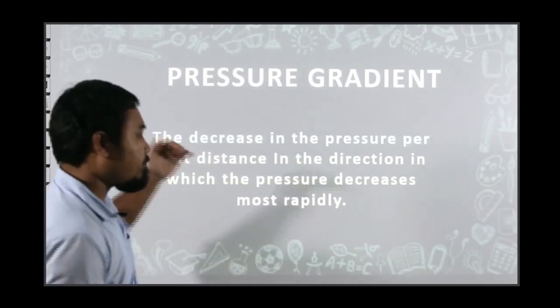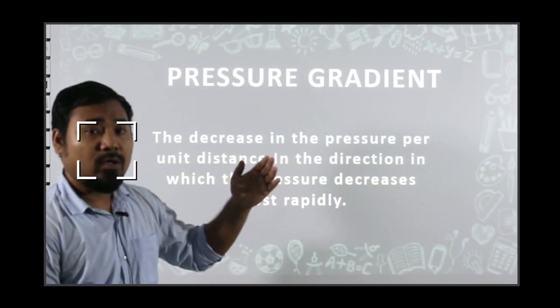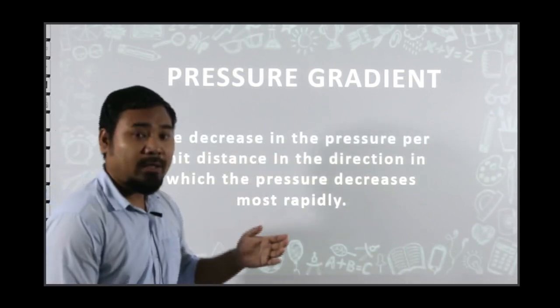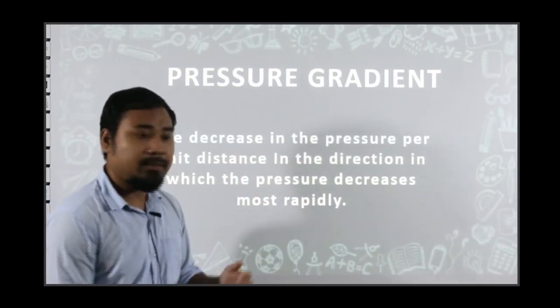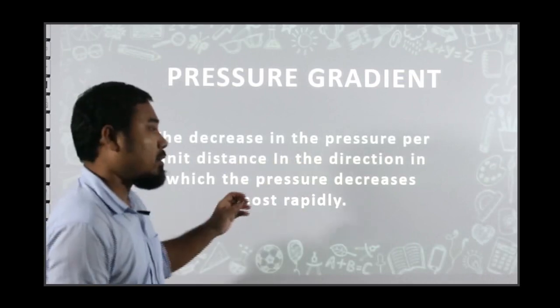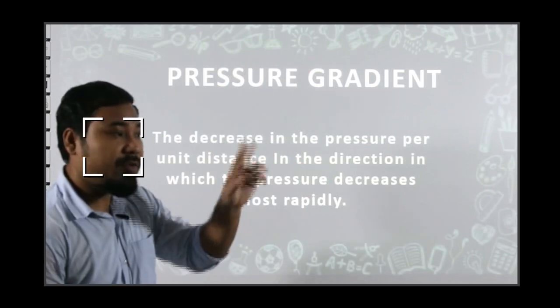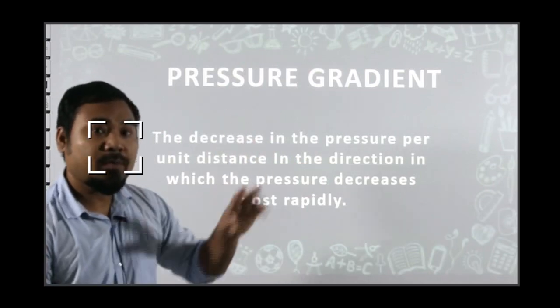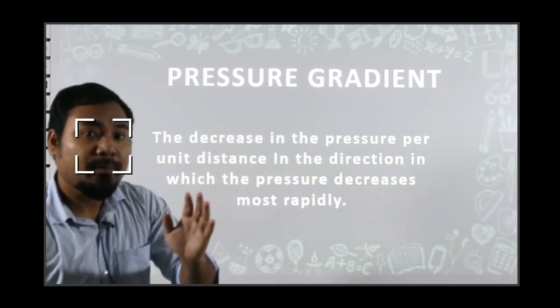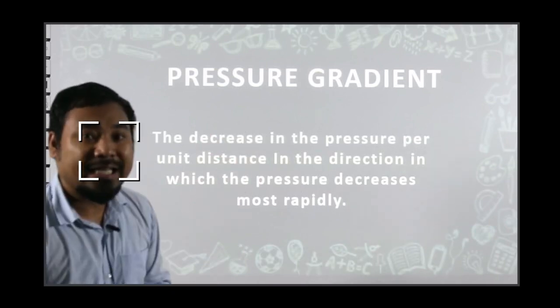For example, in India, Delhi is station A and Meghalaya is station B. The difference in the pressure reducing between Delhi and Meghalaya is your pressure gradient.